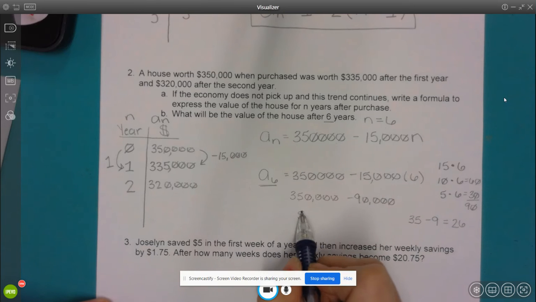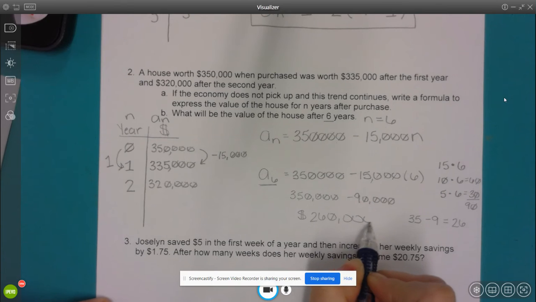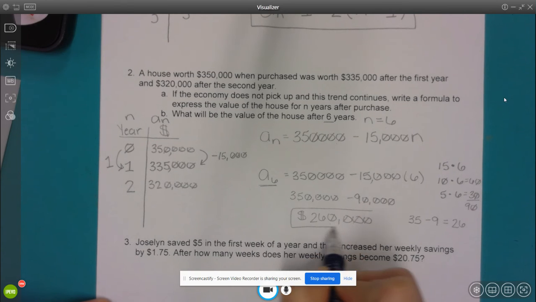So this will be 260,000. That's how much the value of the house would be after 6 years.